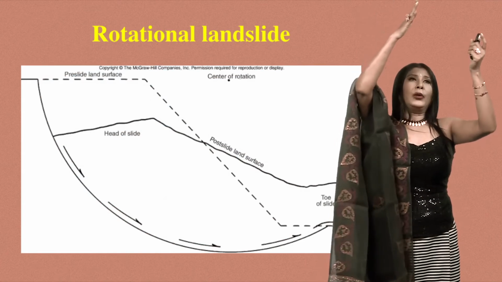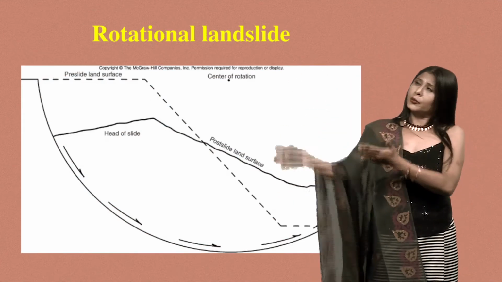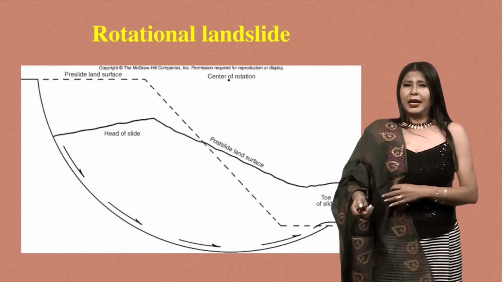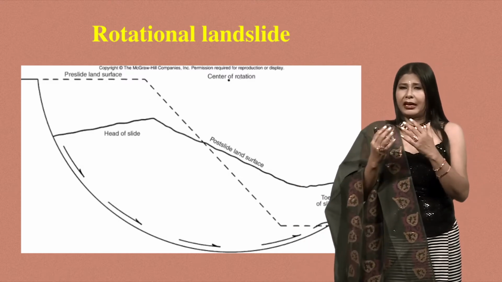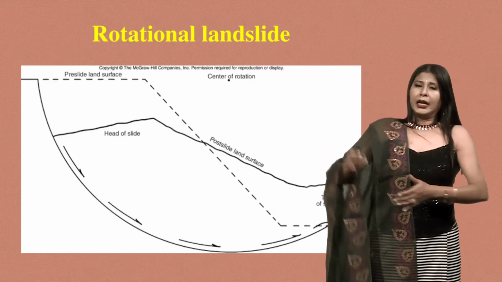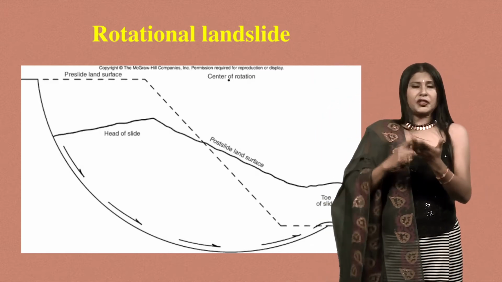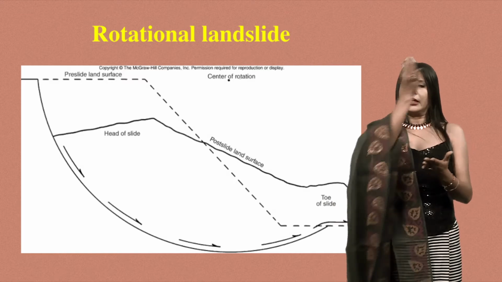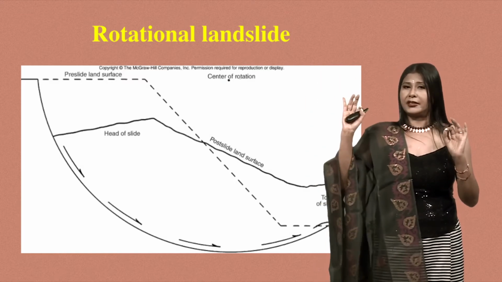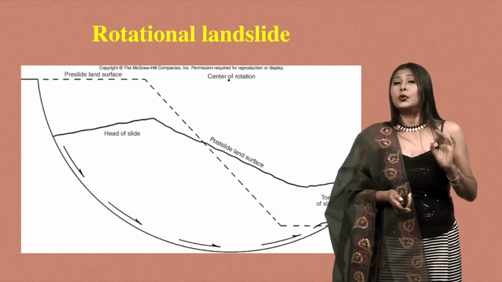The whole block will come sliding and it will rotate, so the toe will move up and the back will be tilted. So, if it is a curved surface along which the sliding is taking place, we call it the rotational slide.